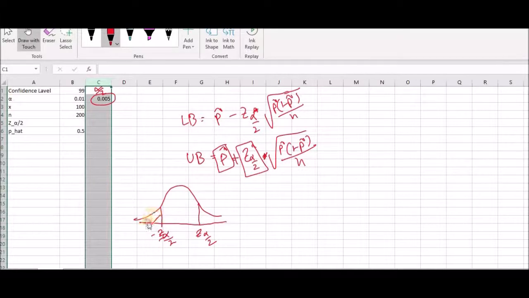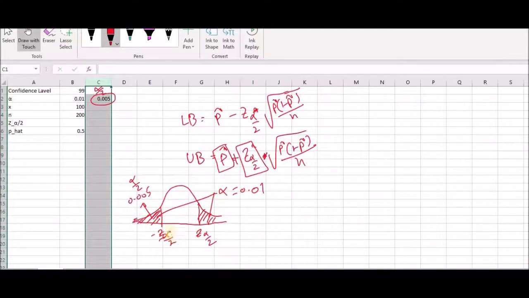I know the area to the left of this number is 0.005, which is alpha divided by 2. The area in both tails is equal to alpha. So this area plus that area is equal to alpha, and alpha is equal to 0.01. To find one of the tails, I just basically divide alpha by 2.